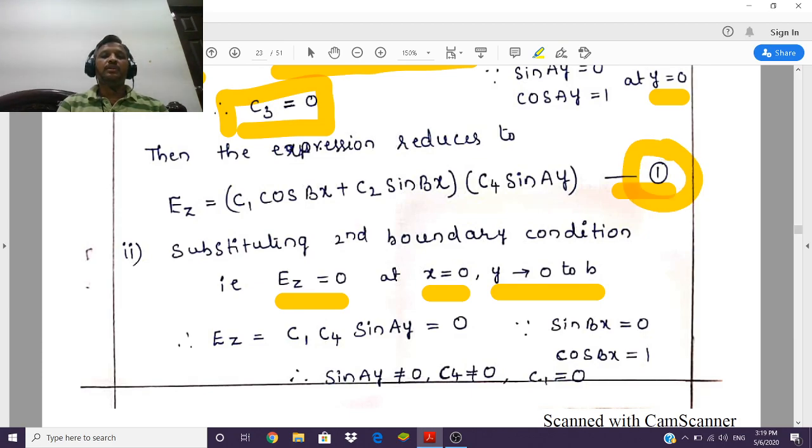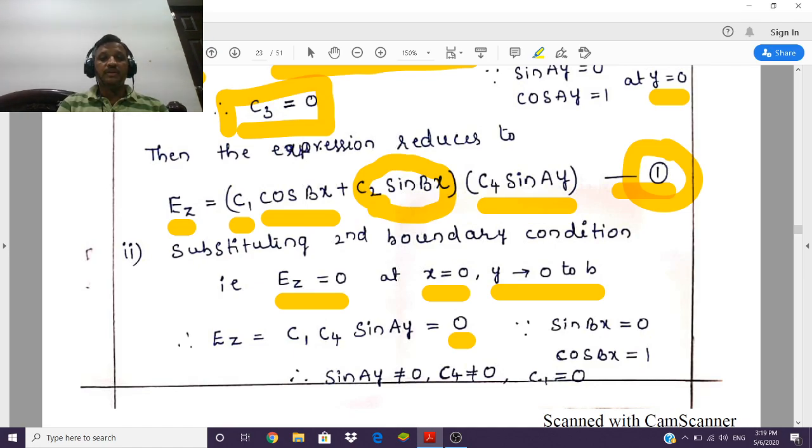What happens here is Ez will become 0, and here x is 0. As x is 0, this sin bx, which is with c2, will become 0. That is, c2 into sin bx overall will be 0. What remains is c1 cos bx into c4 sin ay.